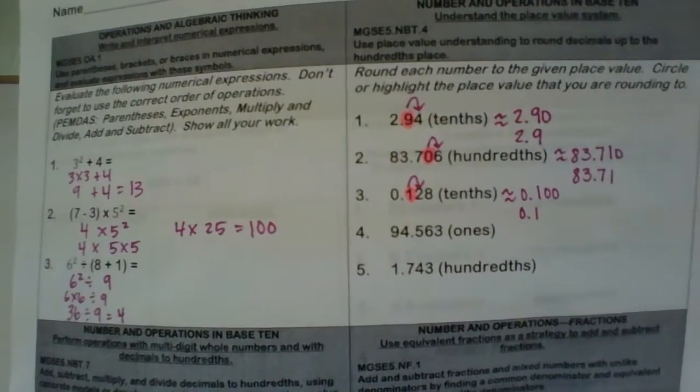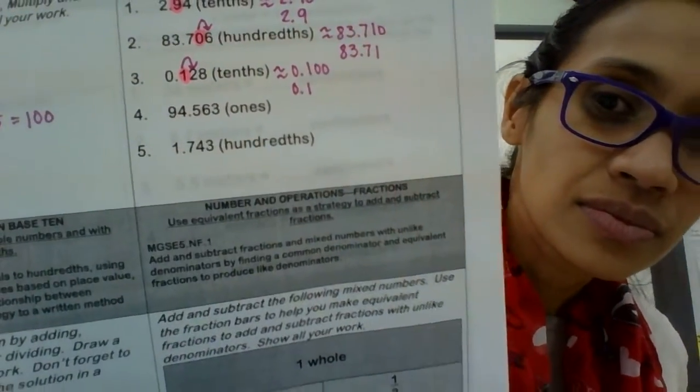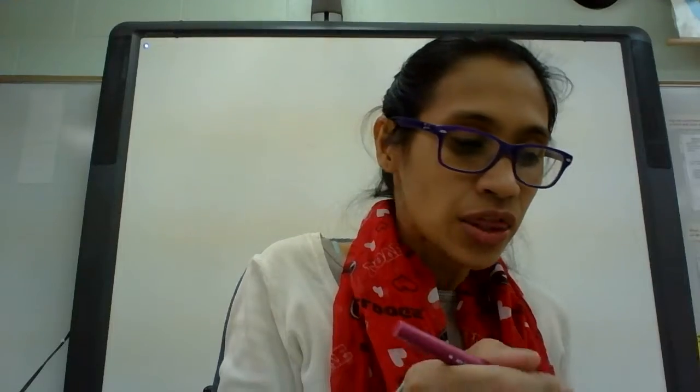Let's look at the next one, number 4. Number 4 says 94 and 563 thousandths, and we're rounding to the ones place. Which one is in the ones place? The 4. It's the number before the decimal. Remember, it's a part of the whole number. So it's that 4, and that 4 looks to the right.